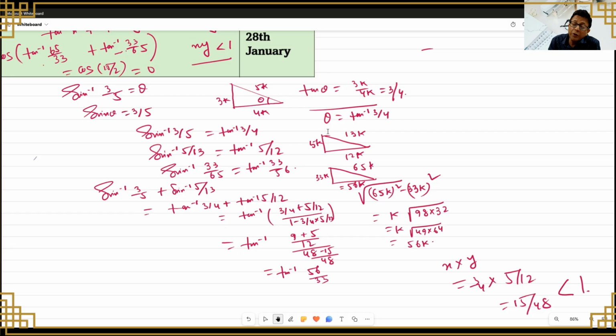What you do for your board exam, you learn derivative properties, domain and range, all these things. And that has really helped. You have seen, I have solved so many sums for you.